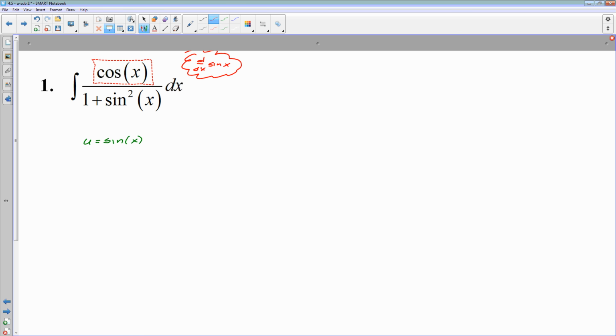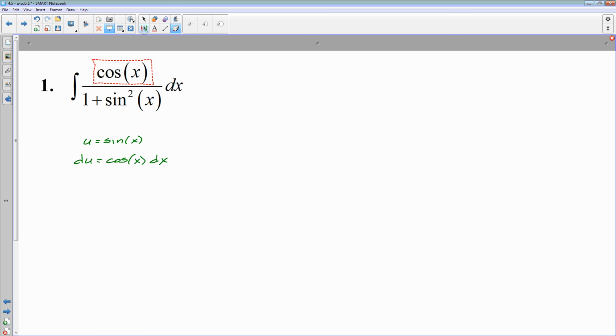And so when I recognize the derivative of sine x, I'm going to let u be sine x, and that way du, when I take the derivative of sine x, du is cosine x dx. And now we can actually move forward with our substitution integration.